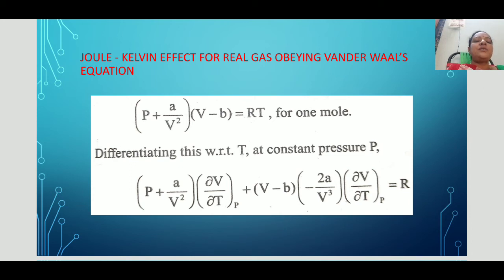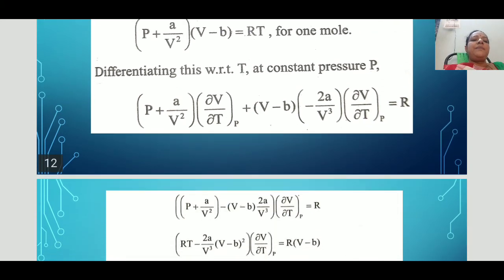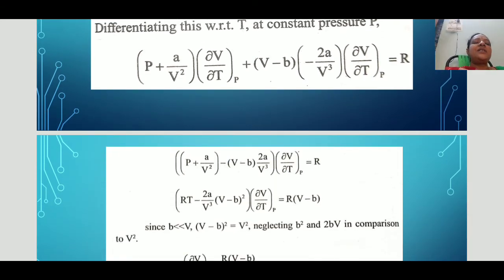Again we use this u by v differentiating formula, 2A by V cube into dou V by dou T at constant P is equal to R. Next step, just simplifying this equation, finally we get the value of dou V by dou T at constant P. Our aim is to calculate dou V by dou T at constant P.